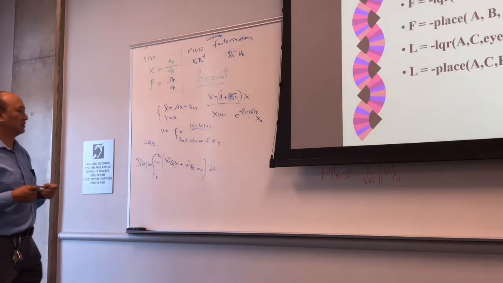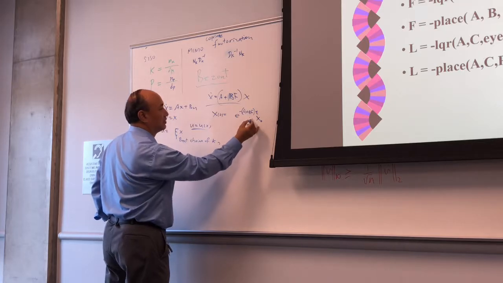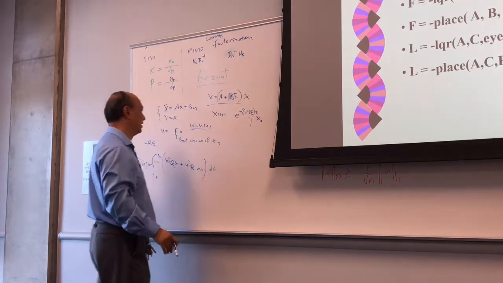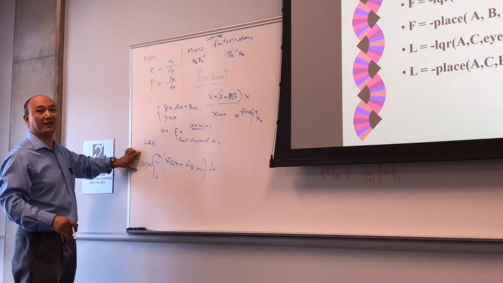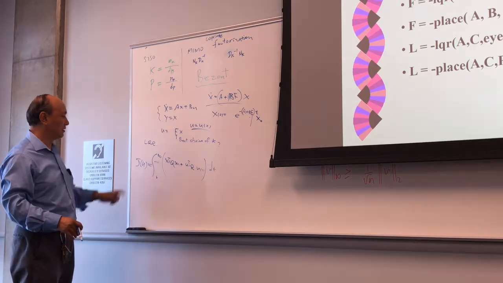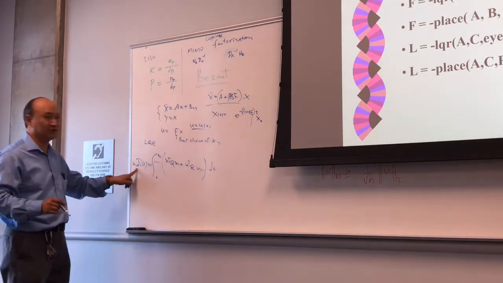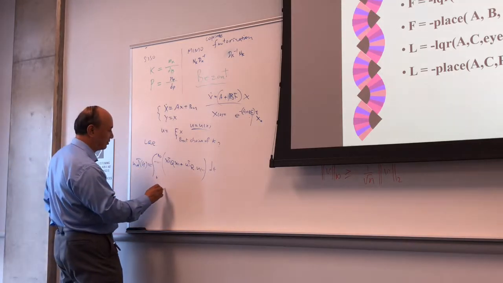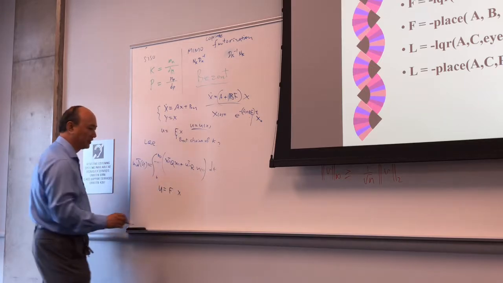So then you need to choose F such that this X will decay as desired, so as to make this cost minimum. And it turns out that the solution for this minimum will happen to be FX.